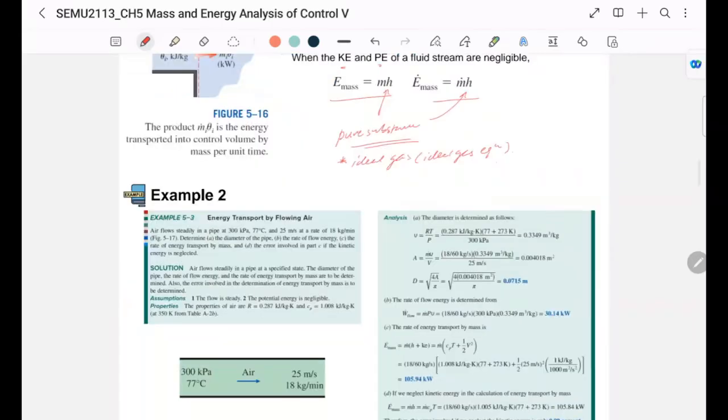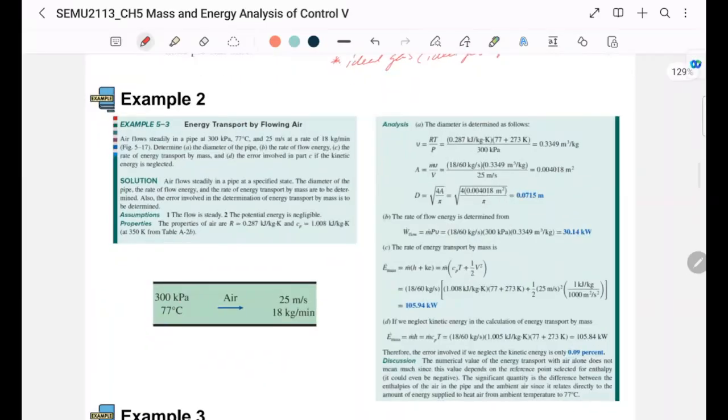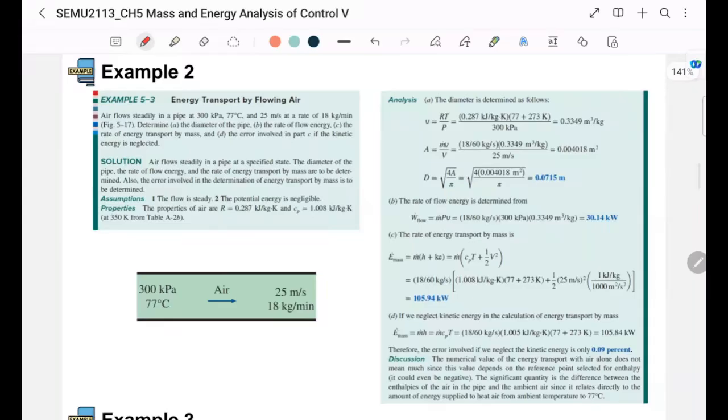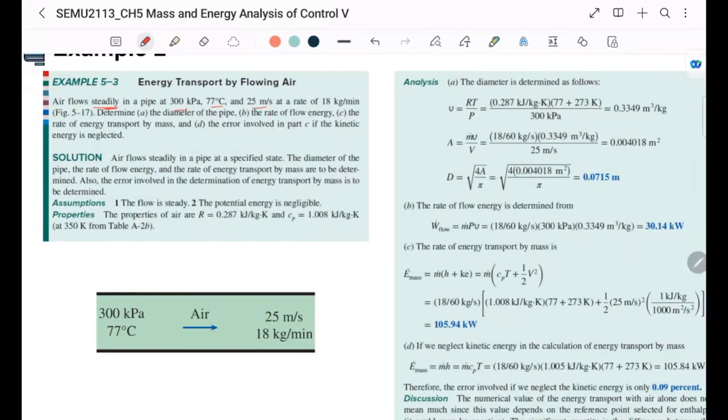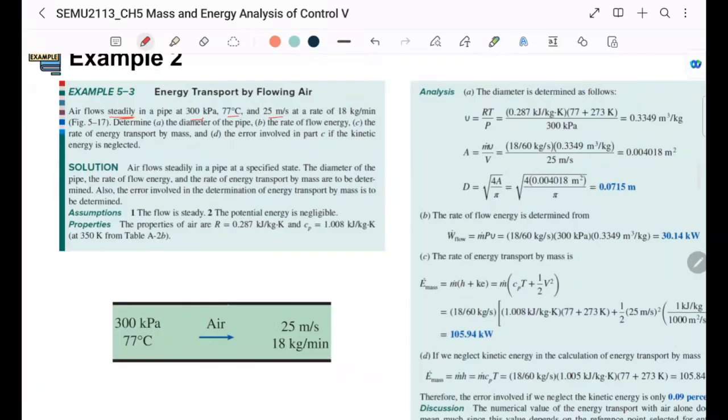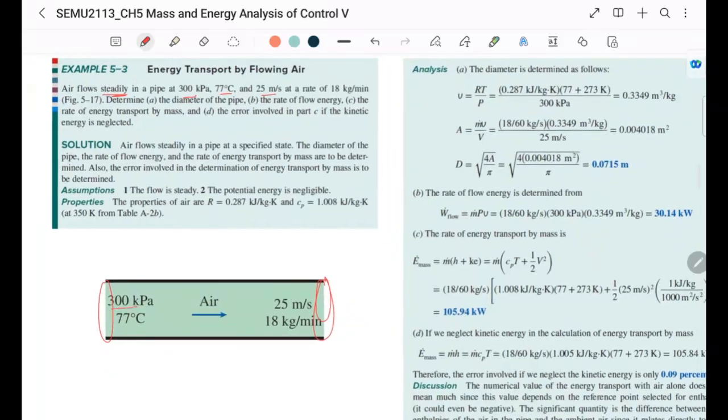Okay, so let's look at one example then. Another example concerning this. Here it says that air flows steadily in the pipe at this pressure, this temperature, this velocity. So in the pipe like this, 300 kilopascal, 77 degrees Celsius, and 25 meter per second.